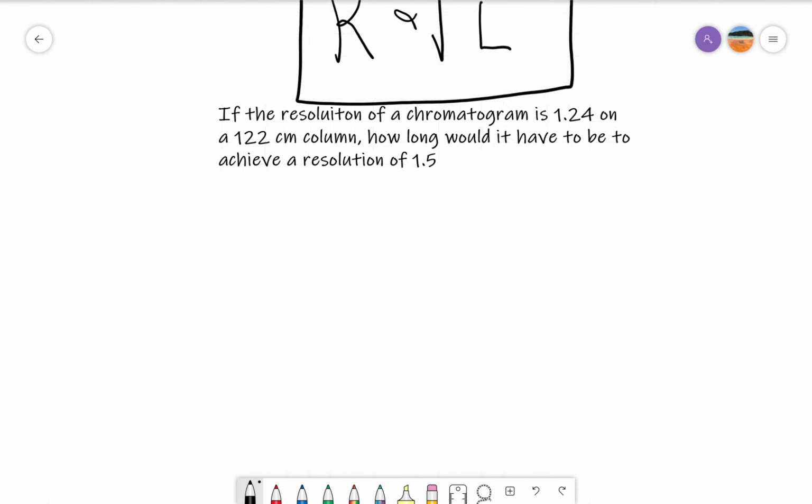If the resolution of a column is 1.24 on a 122 centimeter column, how long would the column have to be in order to achieve a resolution of 1.5? This goes back to the square root of the factor of the length is equal to the factor of the resolution.